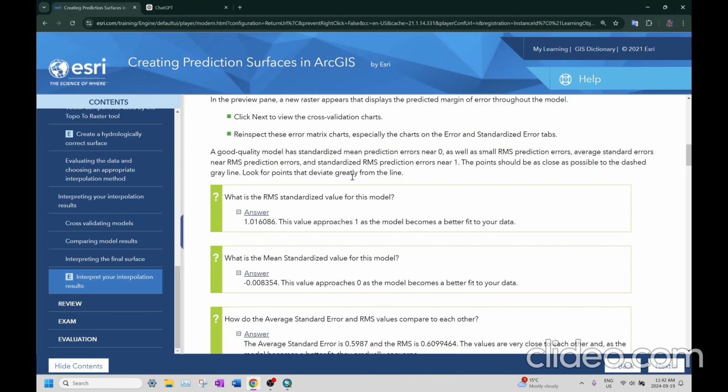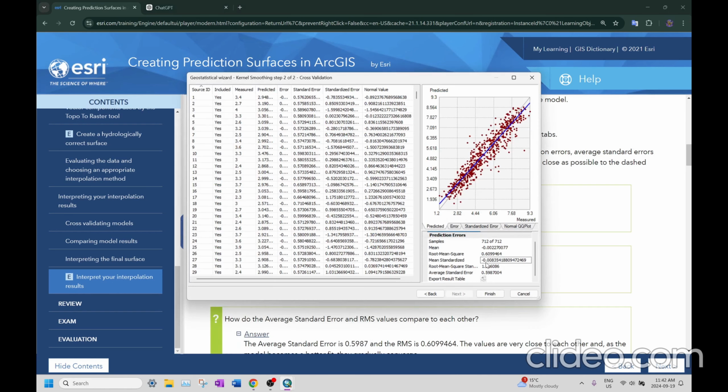And you can see the requirements of a good quality model: the mean standardized prediction error near zero.